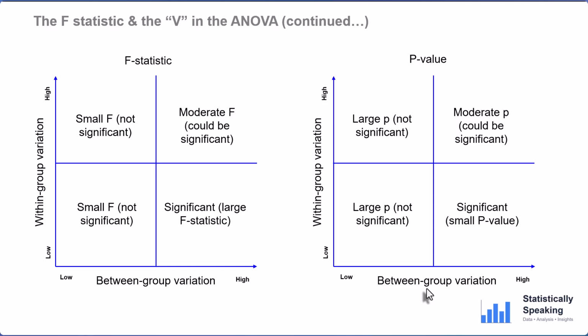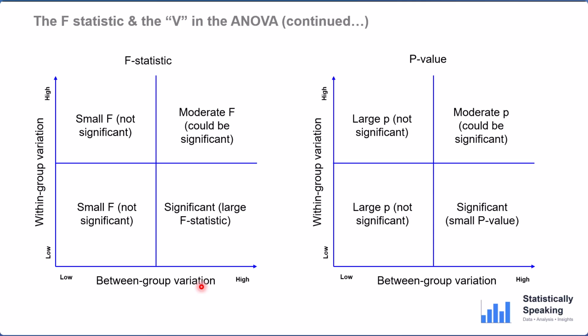F statistic, as we discussed, is a ratio. So if the difference between the group averages is truly large, it's truly significant, then between group variation will be large relative to the within group variation. What does that mean?